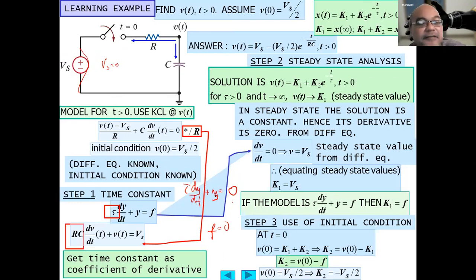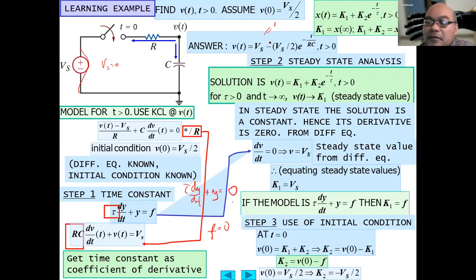We call it in differential equations the forcing function, the constant that forms K1. So in the general solution, K1 will be equal to 0. If K1 equals 0 and the initial condition, for example, is Vs over 2, then K2 will be equal to the initial condition Vs over 2.